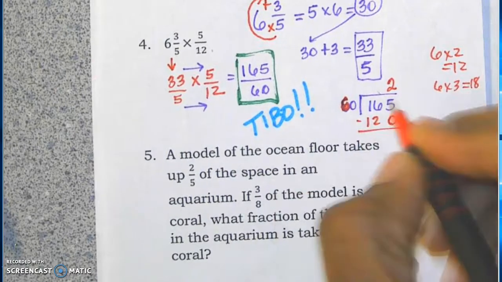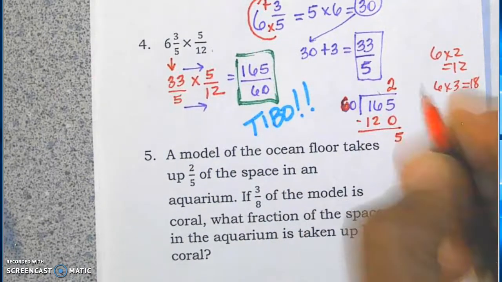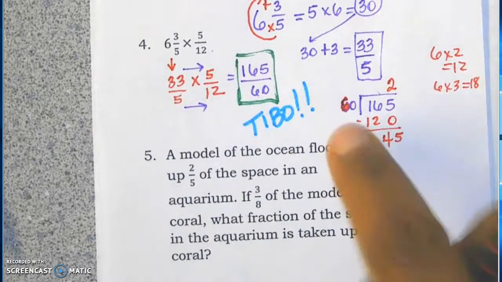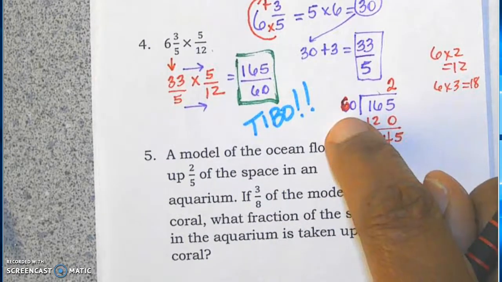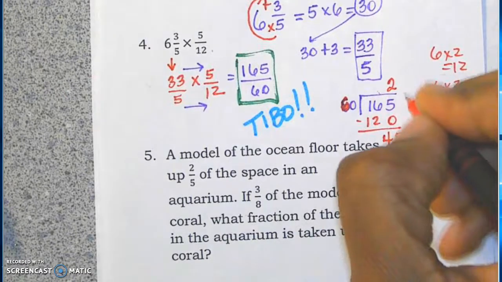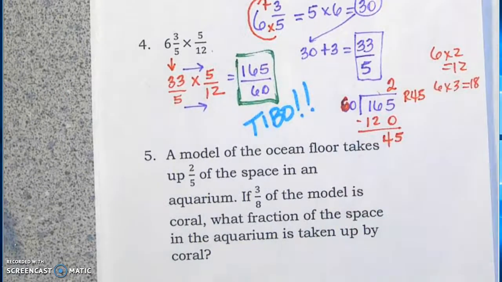And then I subtract. I will get 5, and I will have 45. 45 is less than my 60, so I know that my quotient is right. So I'm going to have a remainder of 45.